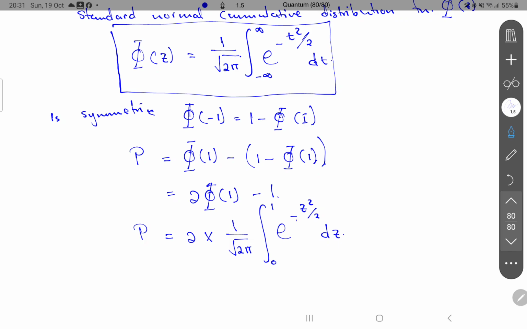And this is a well-known constant in probability and statistics. Within 1 standard deviation of mu equals 0, the probability comes to approximately 0.6827, which is approximately 68.3%. Right? That is the answer.